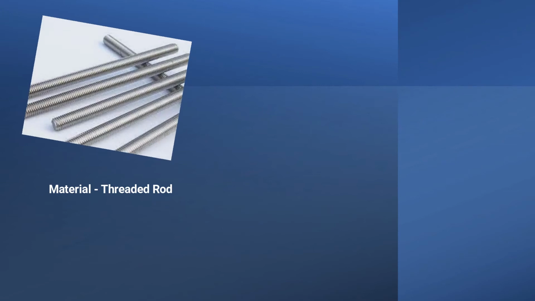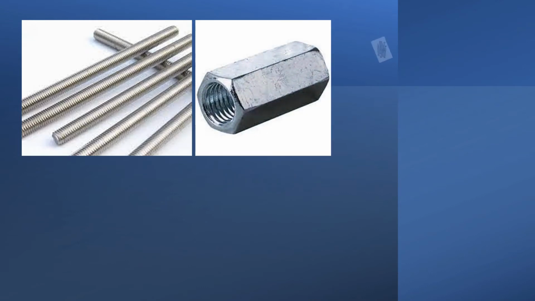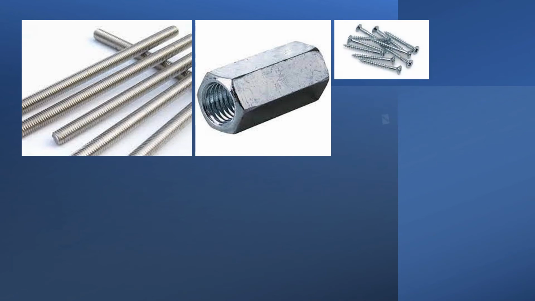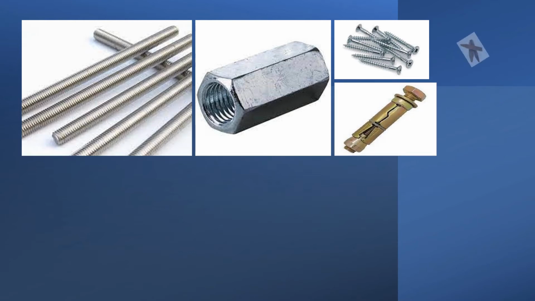So the more we know about the material, it's easy to handle the project easily. Already we have seen what are the tools required for electrical system. In this video, by seeing the types of material used, it will be helpful for you to handle the projects easily. So here you can see threaded rod connector, screws, anchor fastener.